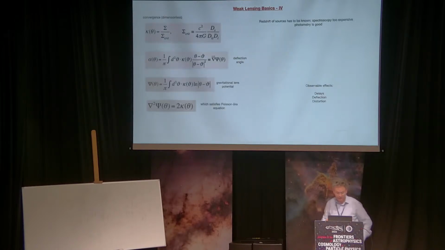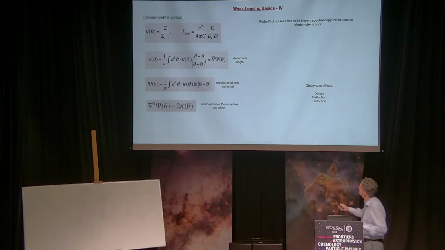Another set of definitions: the same quantity but defined differently. We will define convergence, which is an adimensional quantity, the projected mass surface density over the critical density. The deflection angle, once you bring this in, will read like this, and basically this can be defined as the gradient of the gravitational lens potential.